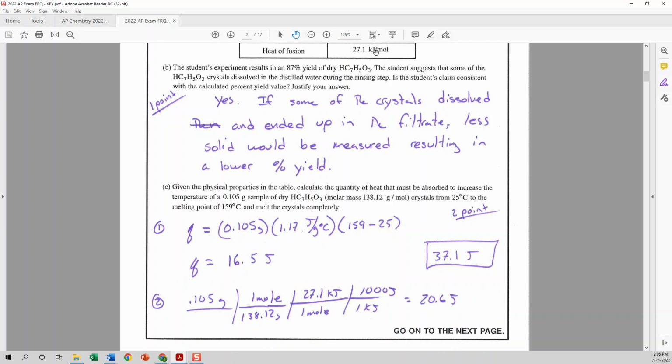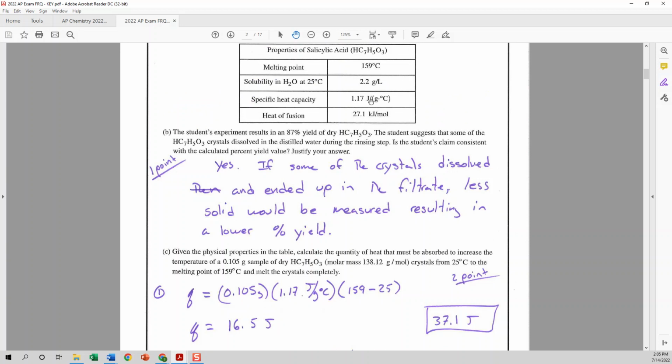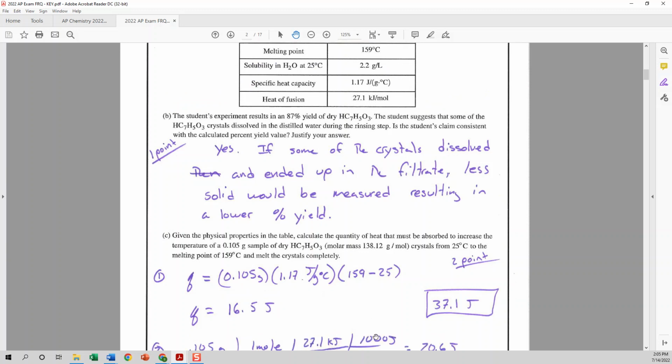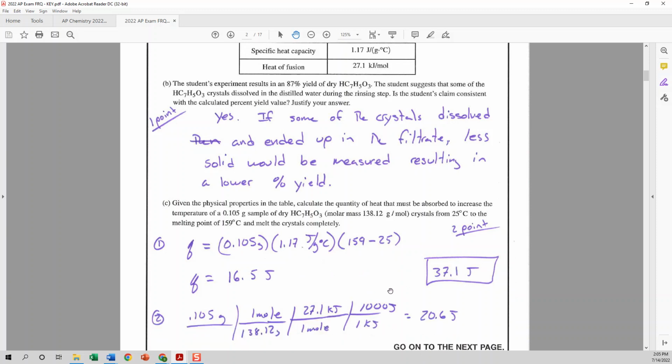They give us energy per mole here to calculate how much energy is required to completely melt it. So we'd have to convert to moles. They gave us the molar mass. Then use the molar heat of fusion, but understand that this was joules. Notice the heat capacity was joules, but the heat of fusion was kilojoules. So when we add the energies together, they either all have to be joules, like I have here, or they'd all have to be kilojoules.